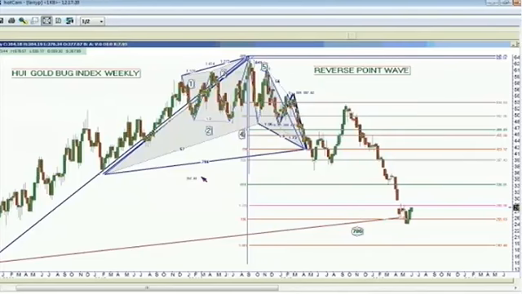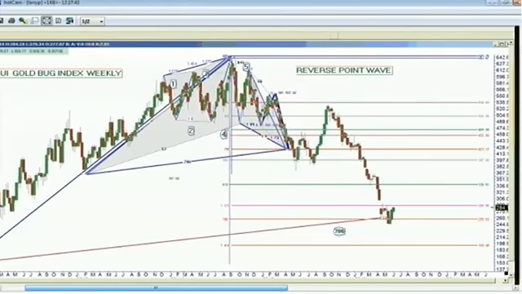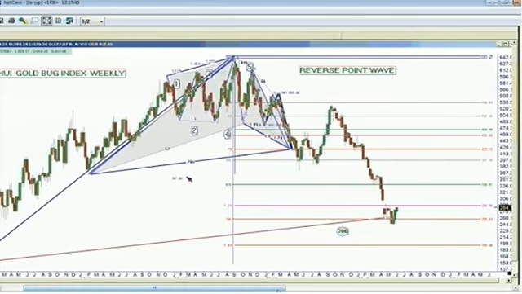But this gold bug index is really interesting for two reasons. One is that we completed that major ABCD pattern down at the 786 retracement. But if you'll notice, the high that was made in September is that 1, 2, 3, 4, 5 expanding wave reversal pattern. That's exactly what we have going on in all the stock indices of the world, major ones.